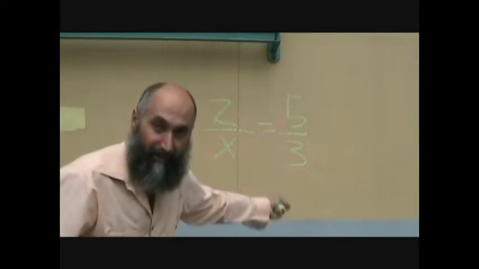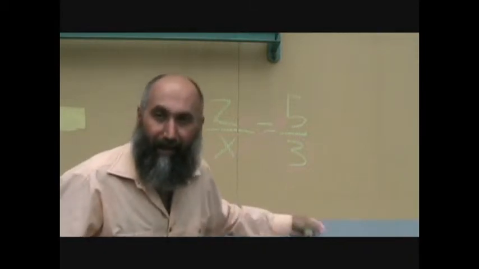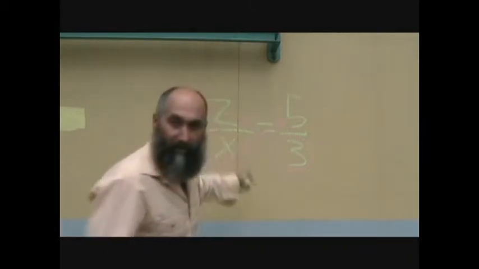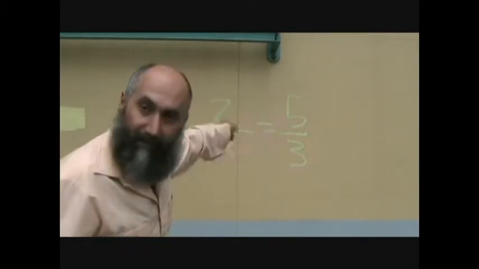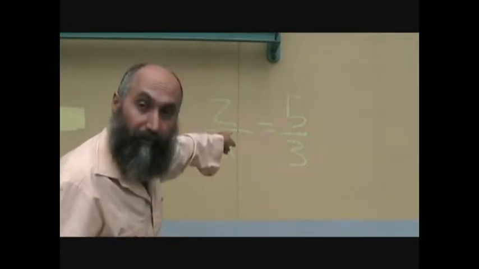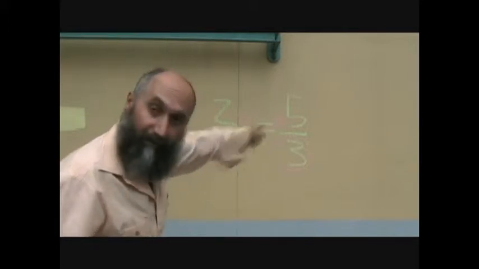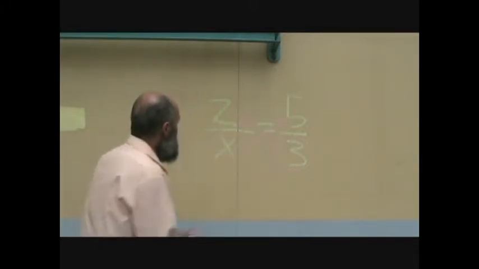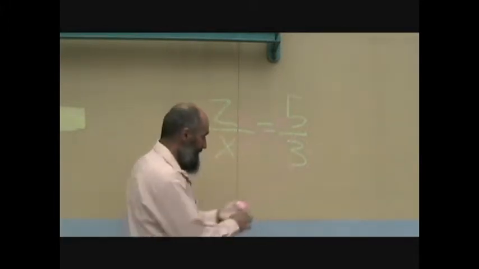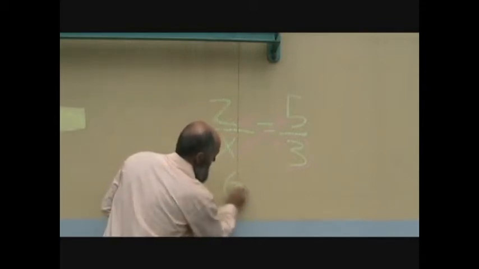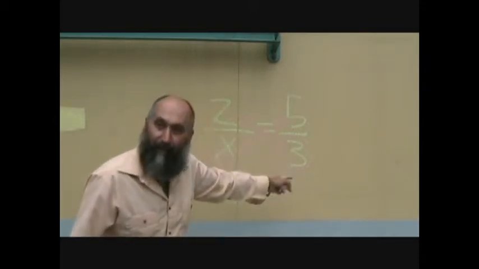You're not changing signs, right? You only change signs with addition and subtraction. With cross multiplication, all you do is take the denominator here, kick it up to the numerator over there, take the denominator here, kick it up to the numerator over there. So on this side it becomes 2 times 3, which is 6. And on this side it becomes 5x.